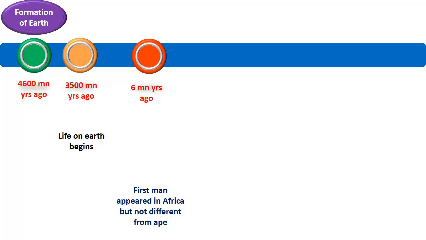That too not different from an ape, almost similar to an ape. 2 million BC, that means almost 2 million years ago, the first modern man appeared, again in Africa. No need to mug up exactly, but I am telling you for an idea.